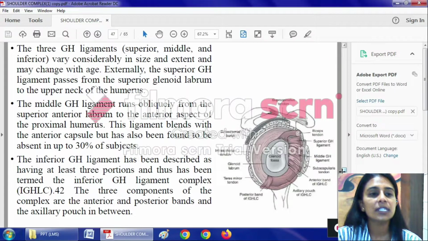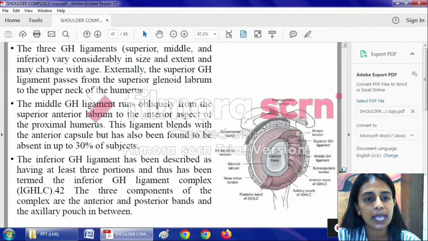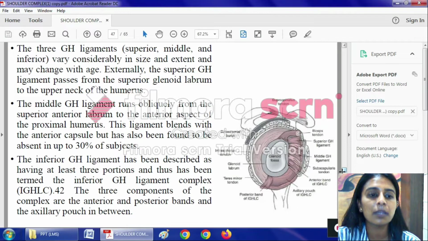The three GH ligaments, superior, middle and inferior, vary considerably in size and extent and may change with age. Externally, the superior GH ligament passes from the superior glenoid labrum to the upper neck of the humerus. The middle GH ligament runs obliquely from the superior anterior labrum to the anterior aspect of the proximal humerus.